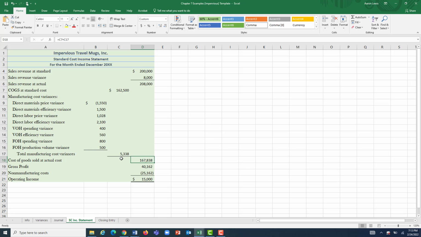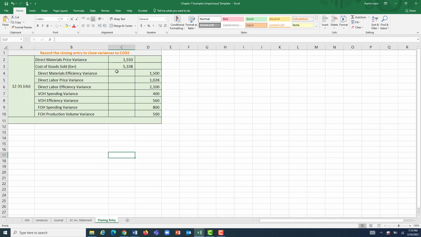Our actual cost of goods sold was greater than it should have been according to our standards. We need to increase COGS, and COGS is an expense account, which goes up on the debit side, so I'm glad that we needed a debit. And now our debits equal our credits, and we are done preparing our closing entry, which closed our variance accounts to our cost of goods sold account, to COGS.